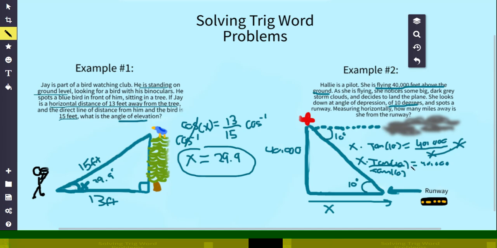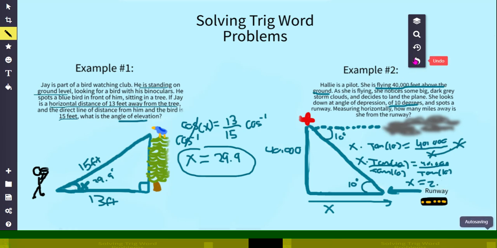So divide by tangent of 10. And then we have x equals 40,000 over tangent of 10. Okay, now this is kind of scary because we get a really long number, but it's because it's in feet, and we want to convert it to miles.